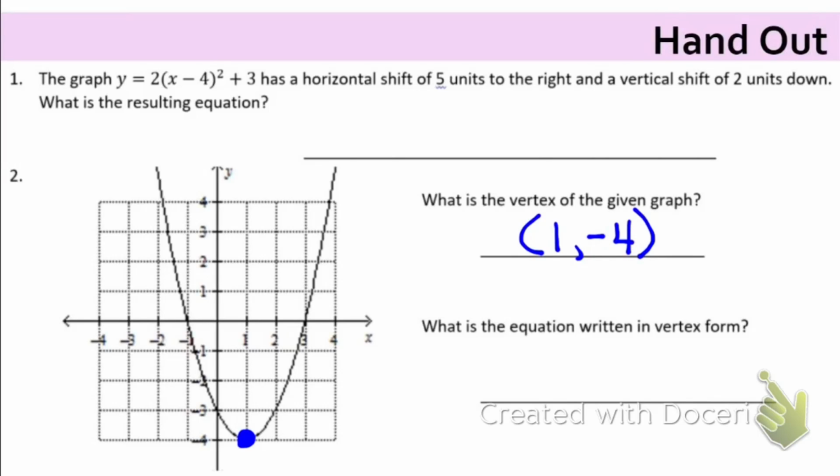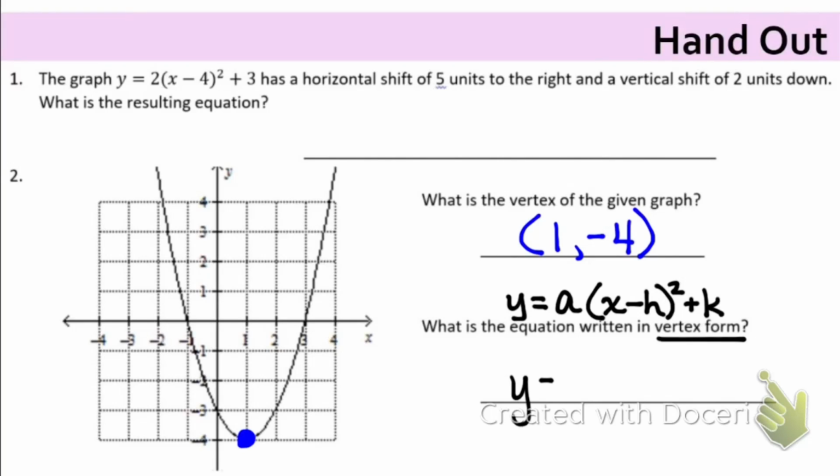This graph has not been stretched or compressed at all. I'm not going to go into how I know that. When you guys need to figure that out, I'll show you at that point. I just want to practice right now. We're going to write this in vertex form. Vertex form is y equals a times (x minus h) squared plus k.